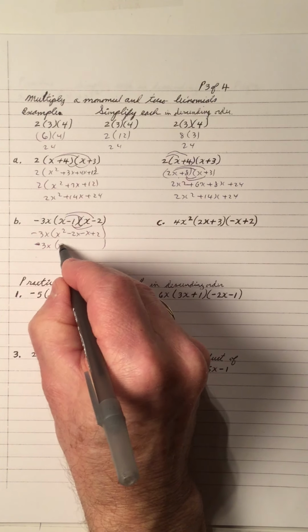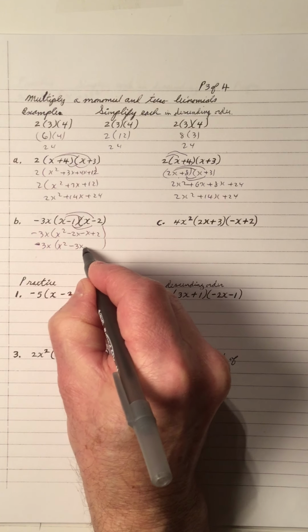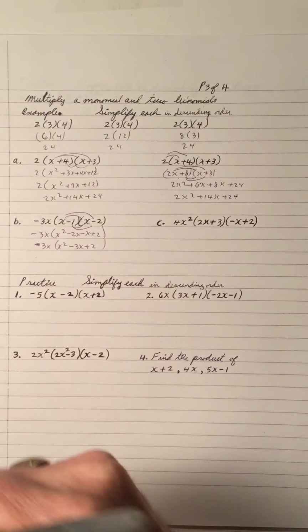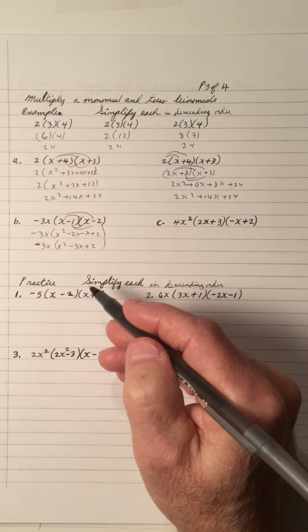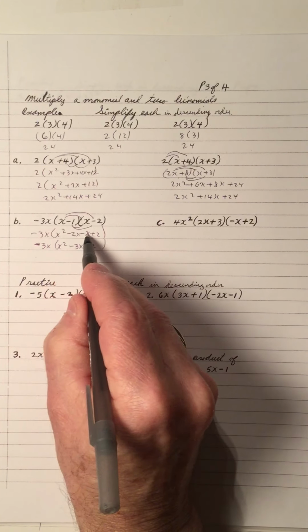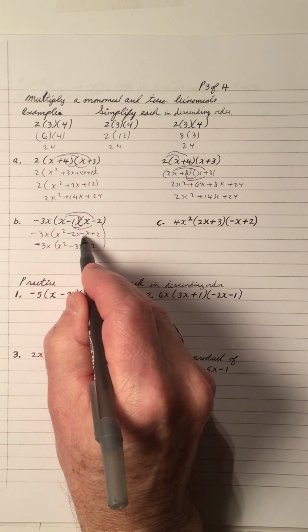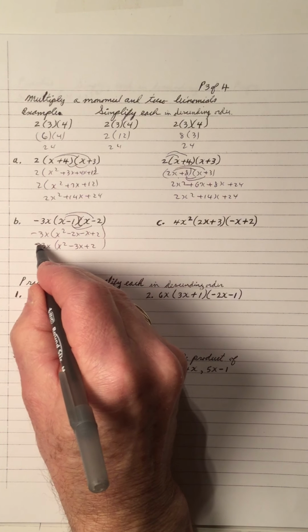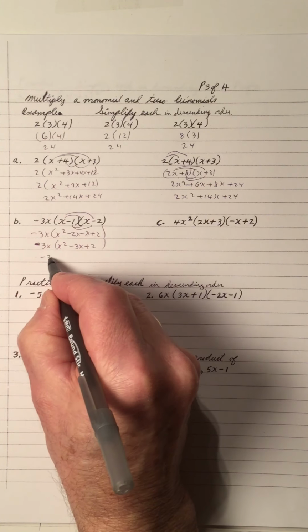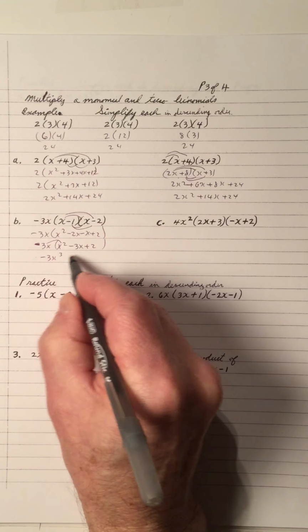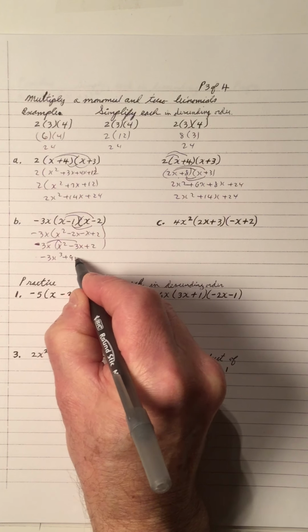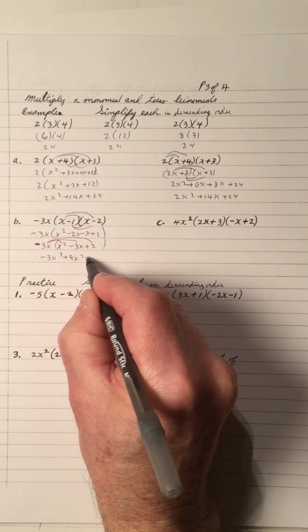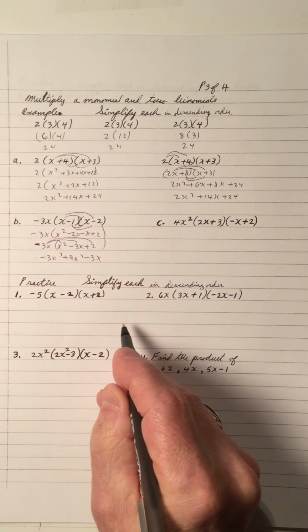So it's easier to simplify as we go. If you simplify the algebra, the terms, as you move along, it becomes easier at the end. So simplify these by adding up the negative 2x and negative x. Now multiply by the negative 3. You get a negative 3x cubed. You get a positive 9x squared. And you get a negative 3x.